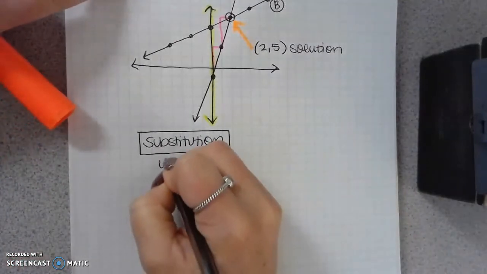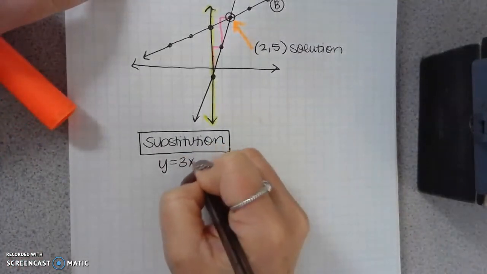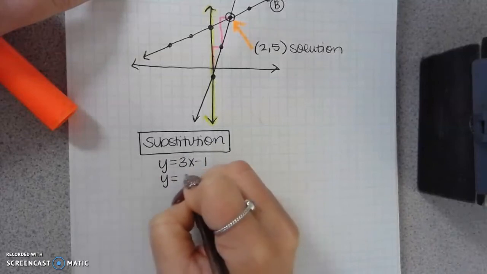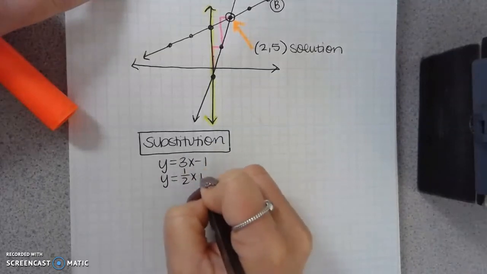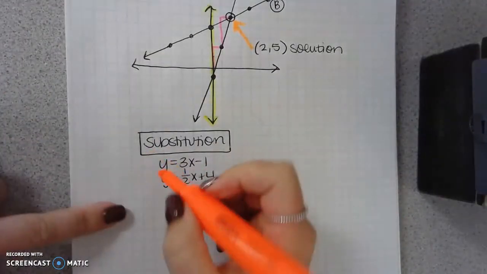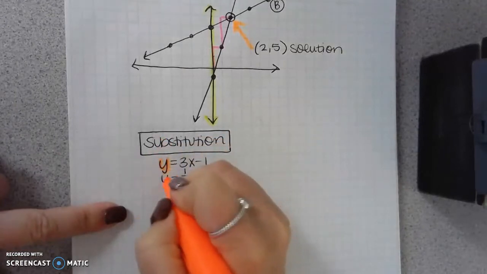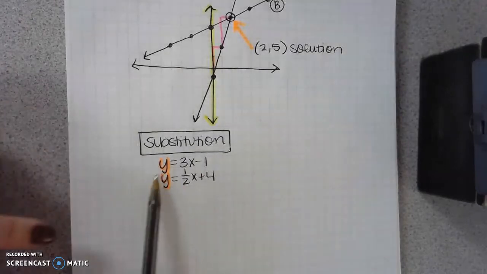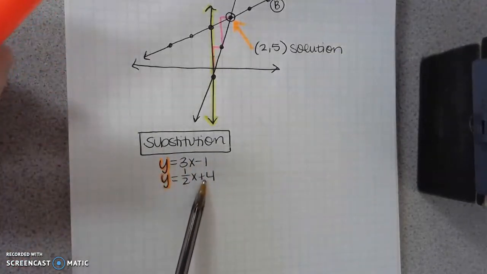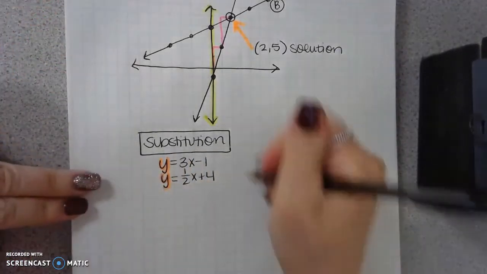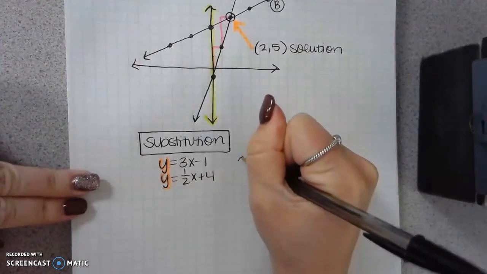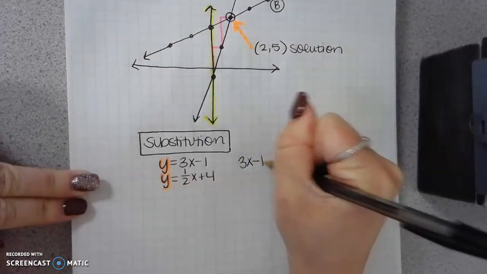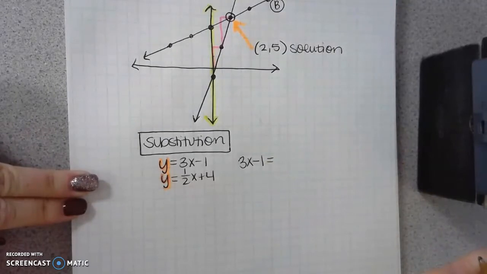So y equals 3x minus 1, and I also have y equals 1/2 x plus 4. They both equal the same thing, in this case, y. So if they both equal y, they technically equal each other. And if they equal each other, we can literally set them equal to each other. Sounds pretty repetitive, but that's my point.